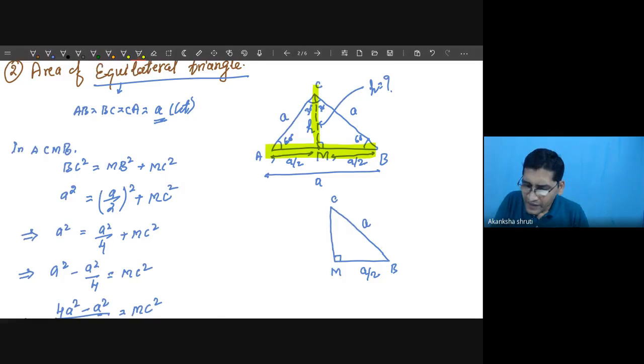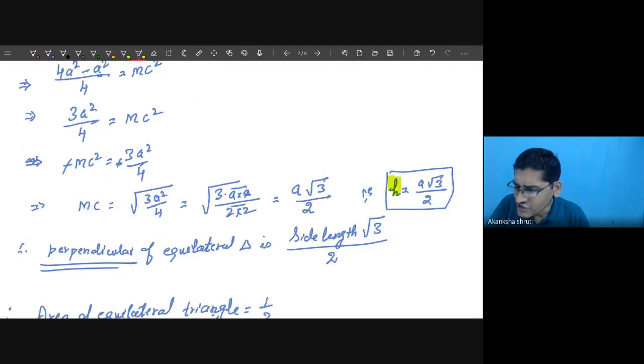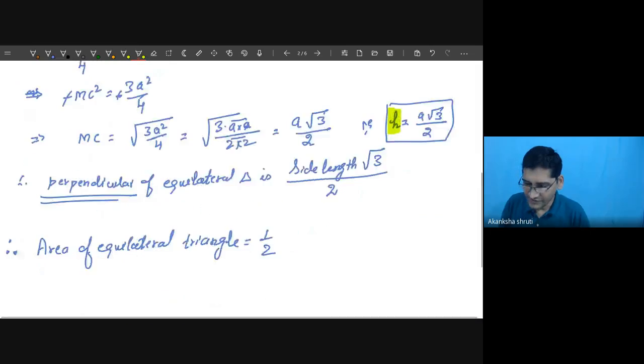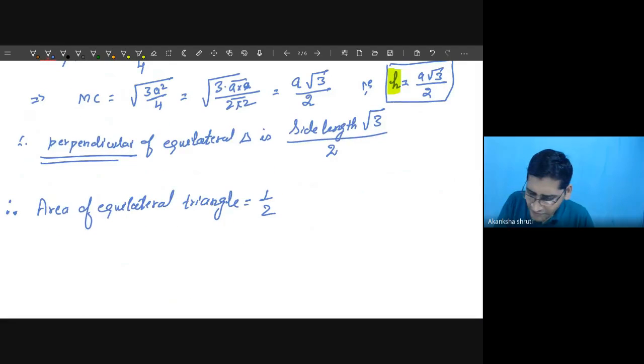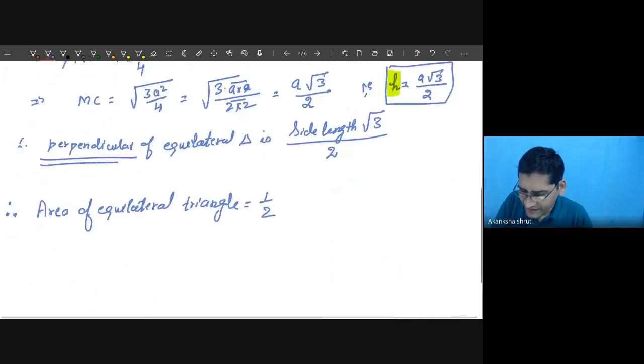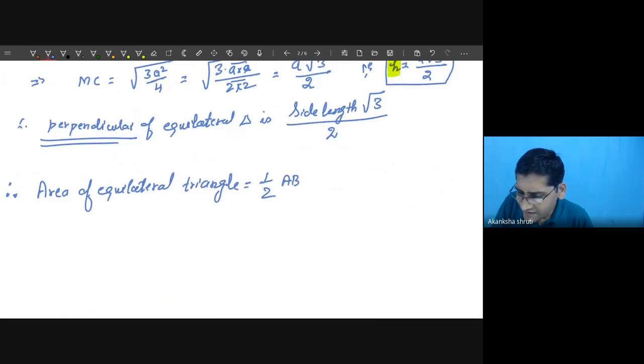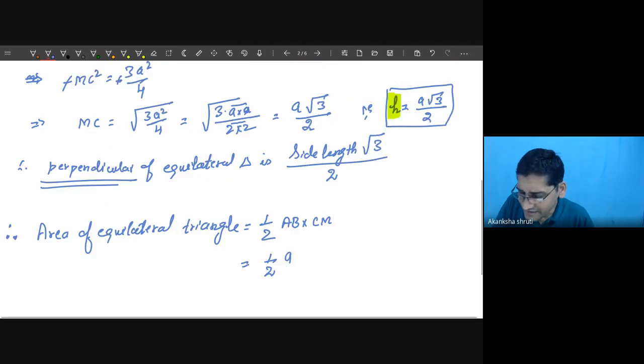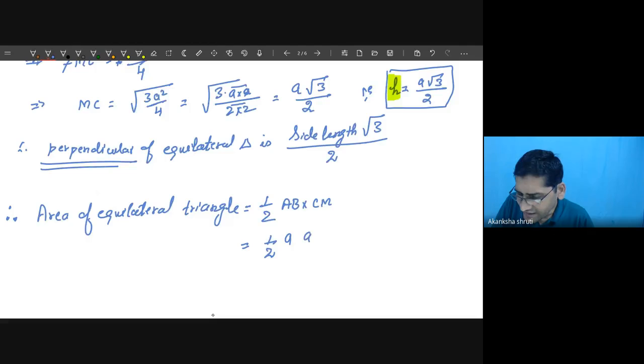So the AB is A, the CM that we have calculated is the H, and H is this much. So here the area of the equilateral triangle can be substituted as AB into CM. But AB is our A and CM is our A root of 3 by 2.